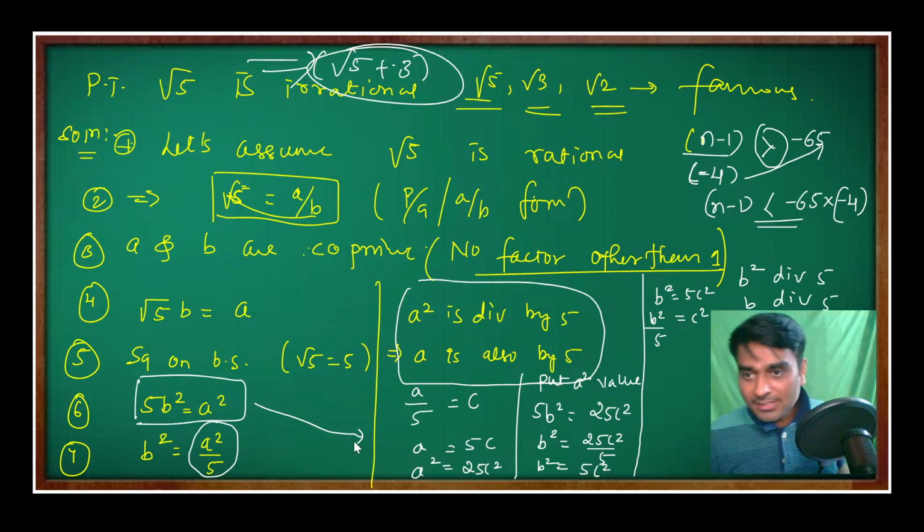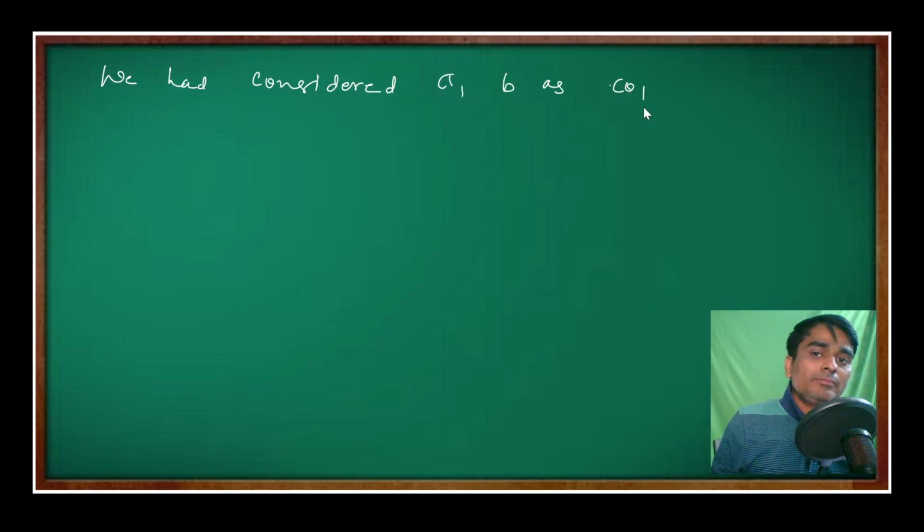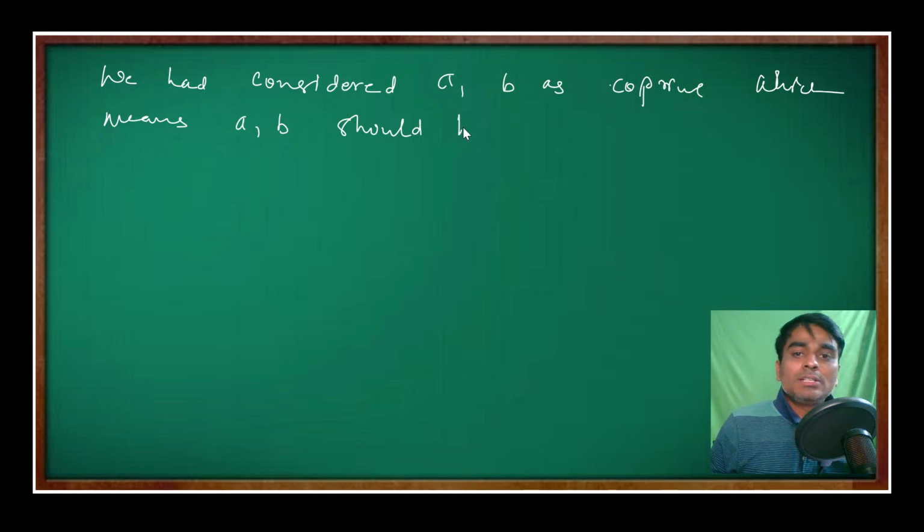Here your sum ends. Okay, now you should write the conclusion part. ಏನು conclusion ಬರಿಬೇಕು ನೀವು? I will write the conclusion part here. We had considered A comma B as coprime. First sentence, which means what? A comma B should have no factor other than 1.